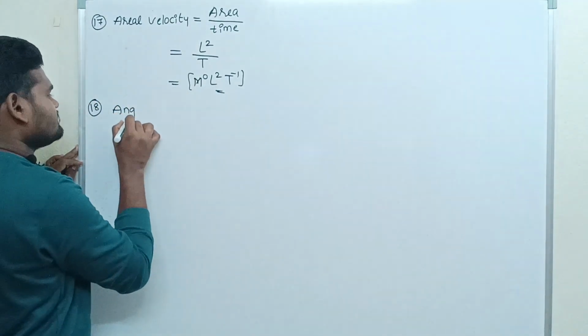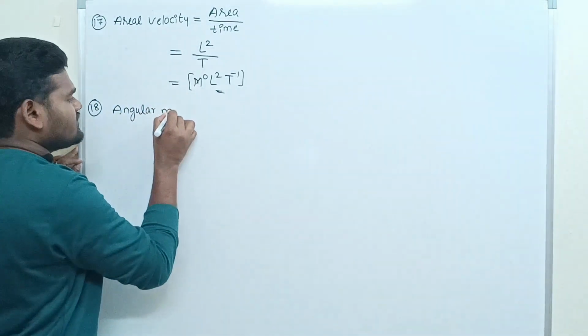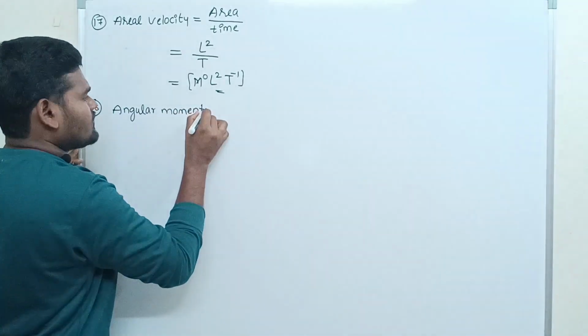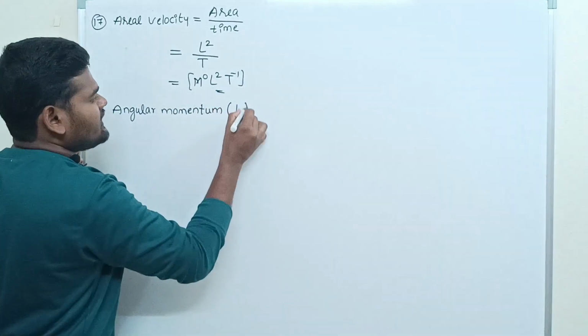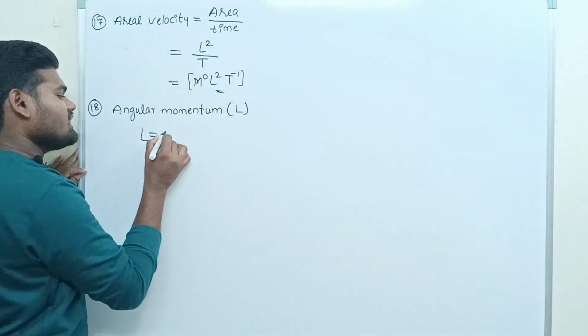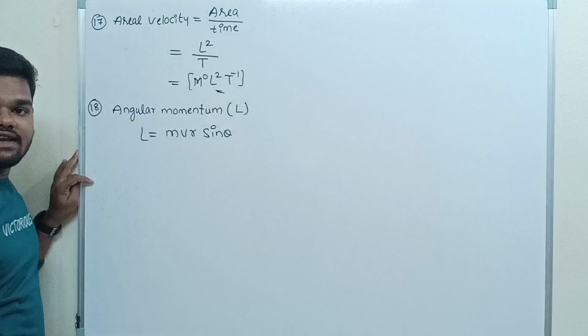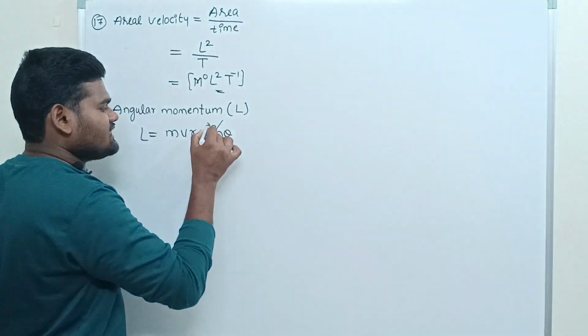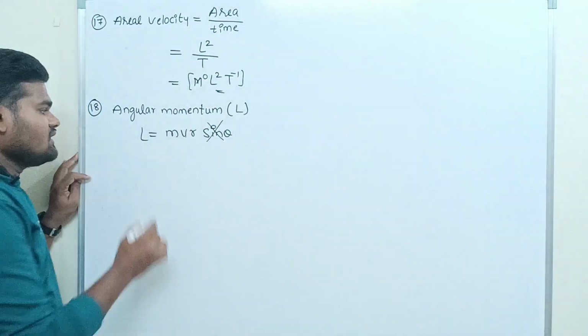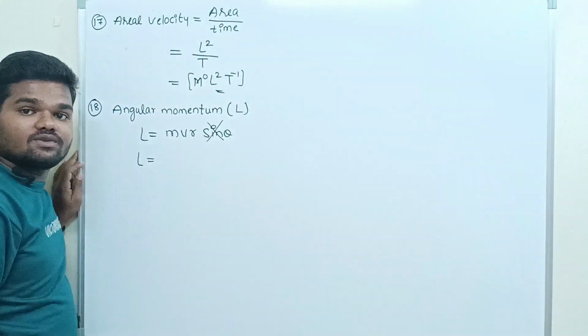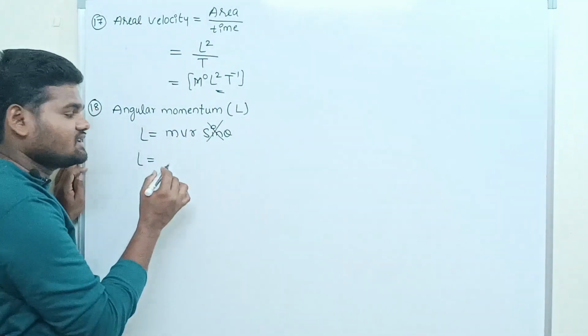Angular momentum. Angular momentum can be denoted by capital L. So angular momentum is equal to mvr sin theta. The trigonometric function has no dimensional formula. So then angular momentum is equal to m, what is m?